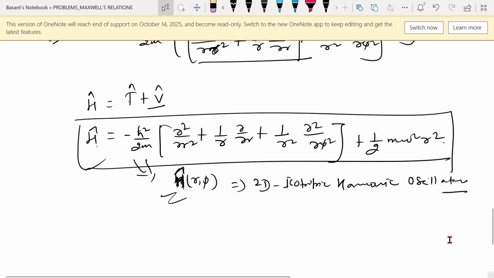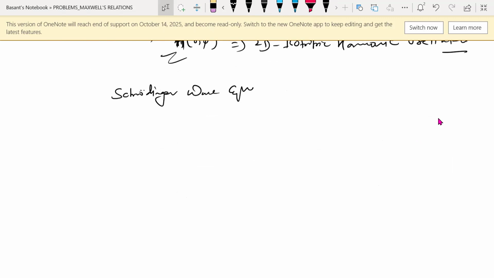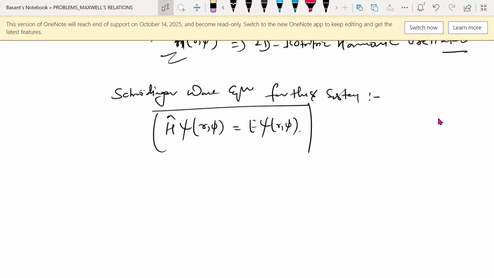Now, the Schrodinger wave equation for the system is H psi, that is in r, phi terms, and is equal to E psi, that is in r, phi terms. This is the Schrodinger wave equation.